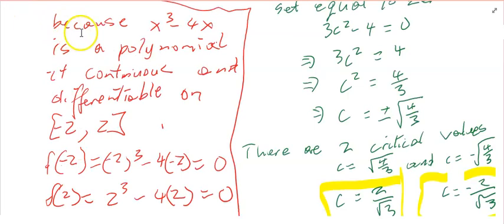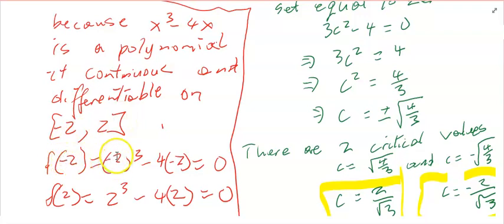Because x to the third power minus 4x is a polynomial, it is continuous and differentiable on the interval. Specifically, it is continuous on the closed interval and differentiable on the open interval -2, 2.